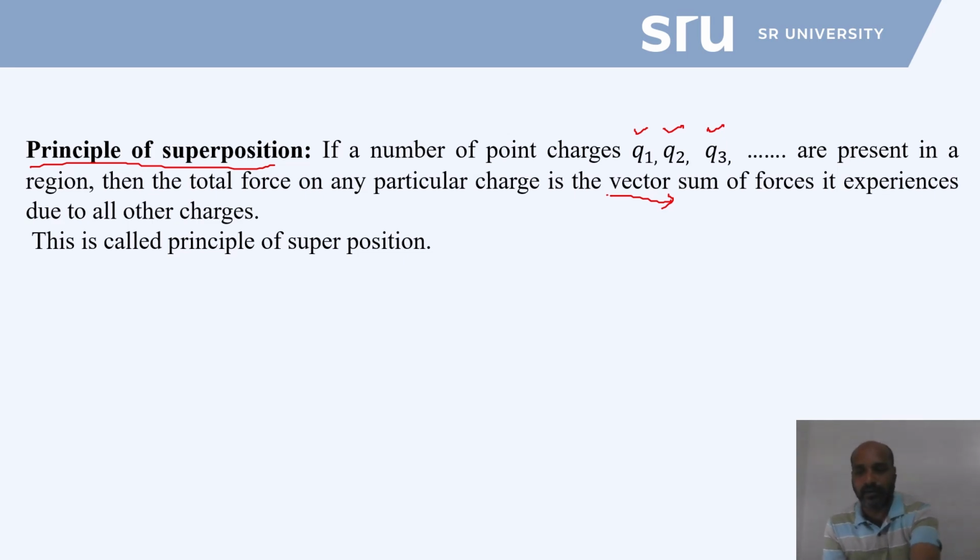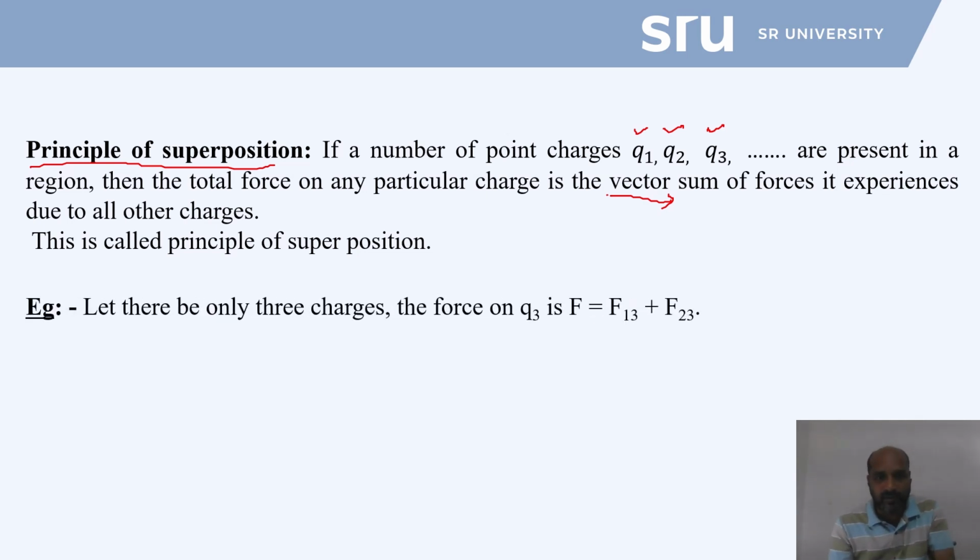We will try to explain with some mathematical equations. Let us consider three charges: this is Q1, this is Q2, and this is Q3. Now Q1 and Q3 are separated by R13, and Q2 and Q3 are separated by R23.